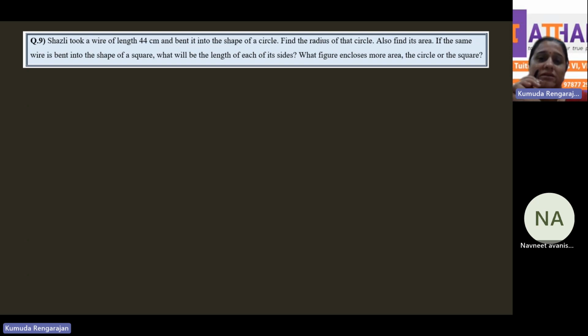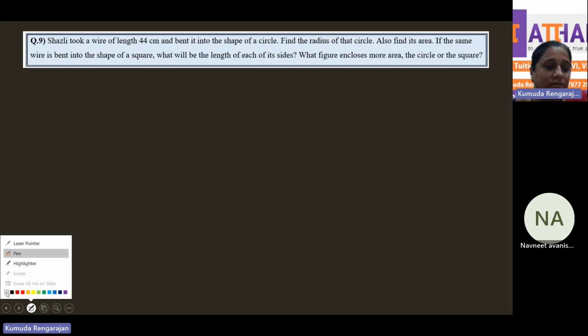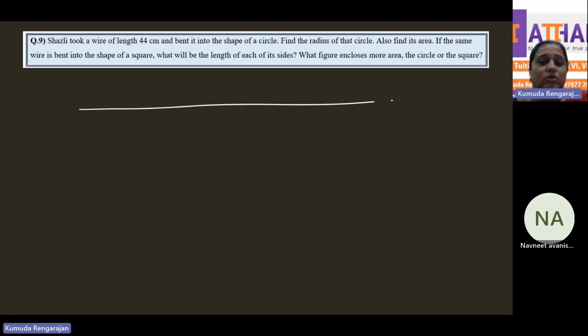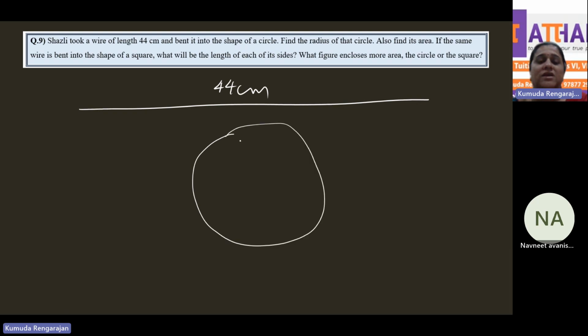So now you have a wire of length 44 centimeters, and you bend this to make a circle. Now, this wire of length 44 centimeters is bent in the form of a circle. So don't you think that the perimeter of the circle is 44 centimeters now?